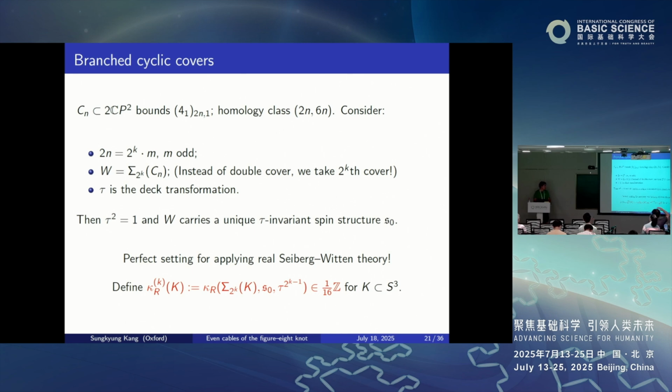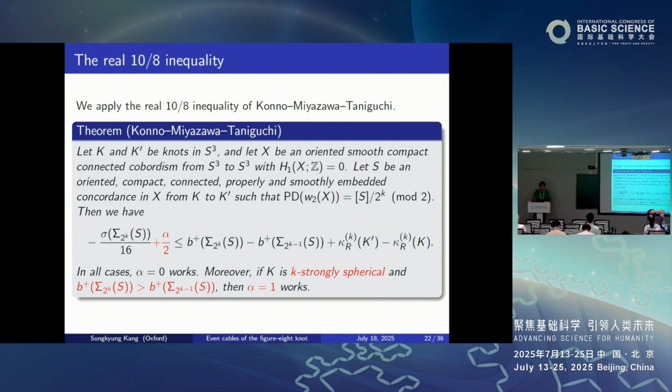It has to be an involution, so you take tau to the power of 2 to the power of k minus 1. And that gives you a well-defined rational number, which we call a higher kappa invariant, which is a little bit misleading, because as this parameter k increases, it contains less and less information. Well, higher doesn't always mean good, does it?